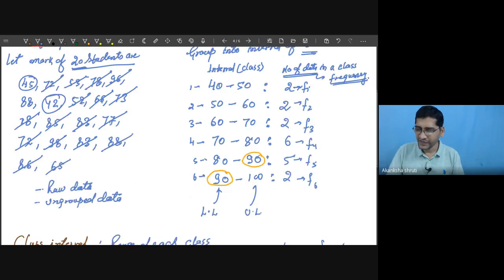Okay, student? Here another important thing is that if we add these frequencies, what are we going to get? Go for adding: 2 to 4 to 6, 6 to 12, then 19 only is coming. Something is missing, student, it should be 20.